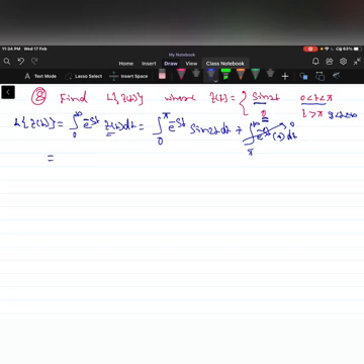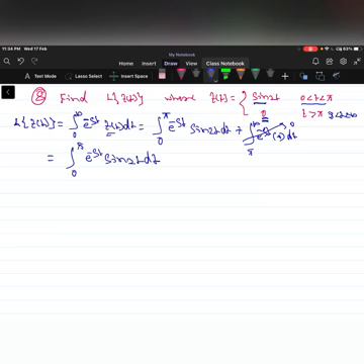So this can be written as integration from 0 to pi e power minus st into sin 2t dt. Now let us integrate the function e power minus st into sin 2t with respect to t.